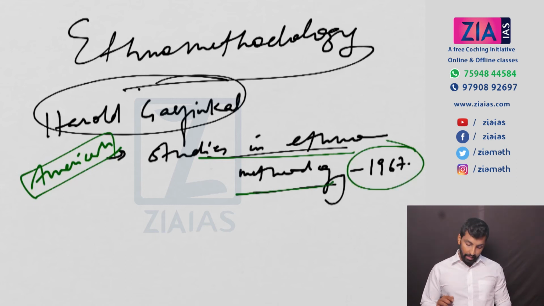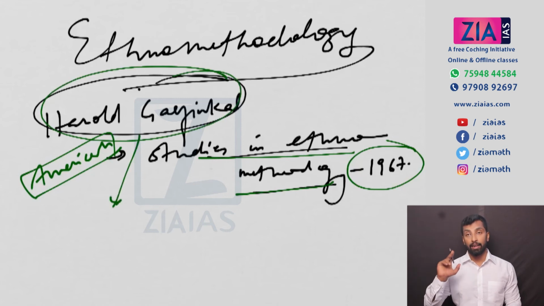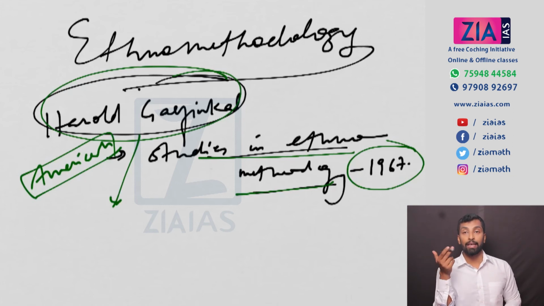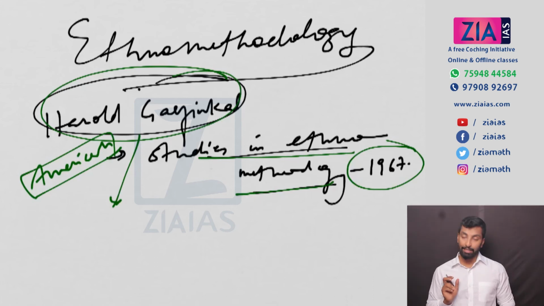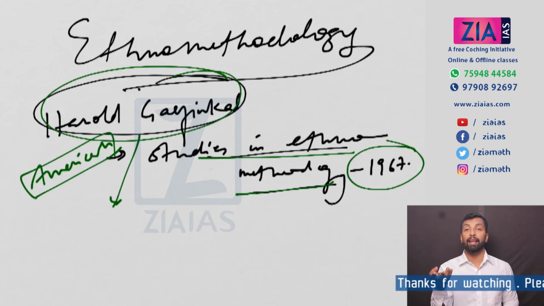Okay, so if you see, Harold Garfinkel is actually a student of Alfred Schutz and he was a student of Talcott Parson also. So he is having influence of both. So that's why you can see a fusion of Alfred Schutz and Talcott Parson. Okay, so it's actually a mix of both approach. So ethnomethodology is given further boost to non-positivism, and this approach is giving importance to the meanings that people give to their daily life.